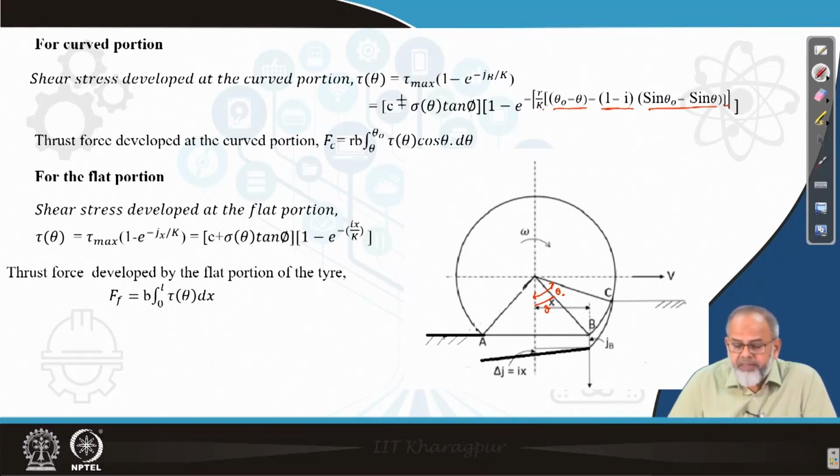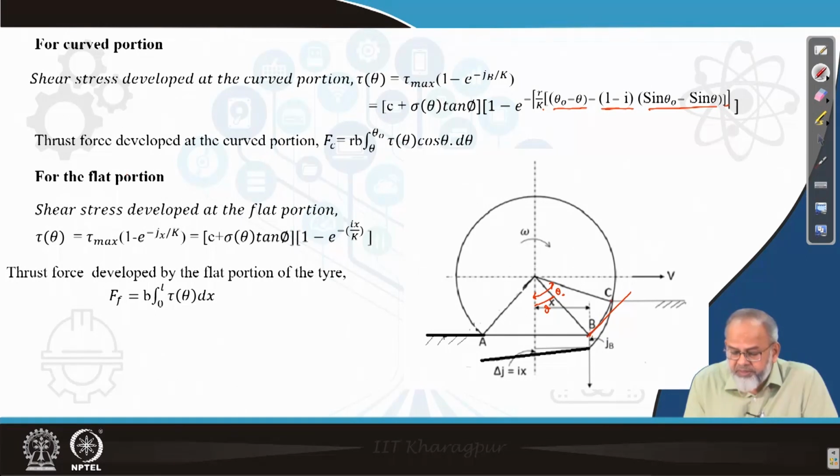Now next thing is, what is the shear force which is acting? So shear force will be acting tangent to this contact surface, suppose at point P. Now the shear force will be equal to whatever shear stress we develop multiplied by the area. Area will be equal to r b d theta. So this has to be integrated from theta to theta 0.